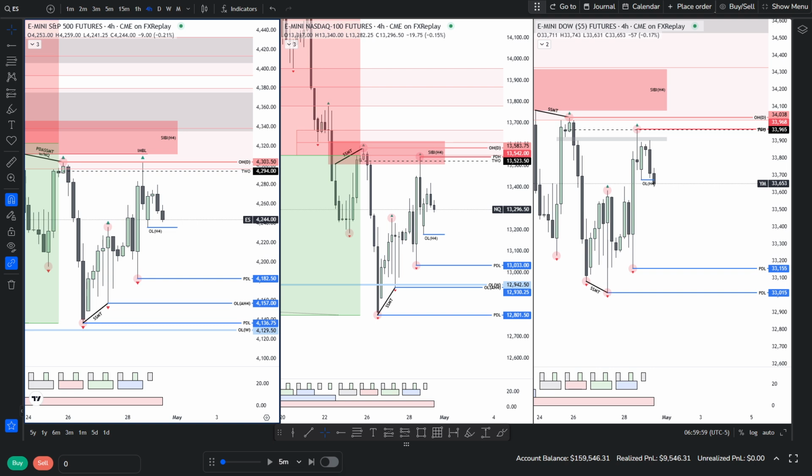Okay. So current cracking correlation, and again in terms of high time frame.